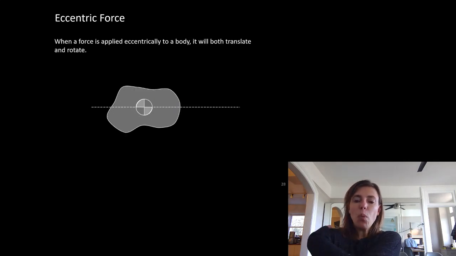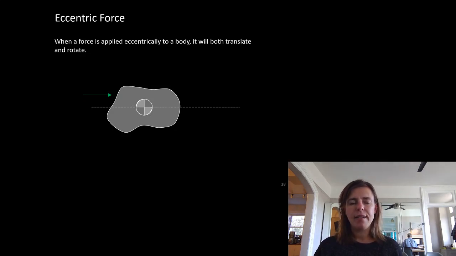If we apply a force not along the centroid of the object or not along one of the neutral axes, so some distance away from the neutral axes, what do you think? How is this going to move? What do you think is going to happen? Just take a second, think about it. Normally this is where I'd actually ask people to tell me what they think is going to happen.